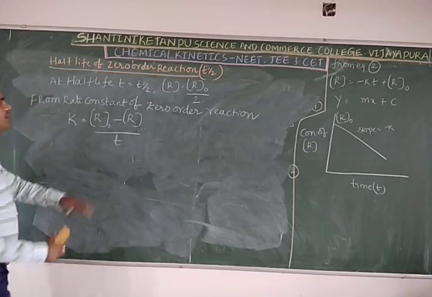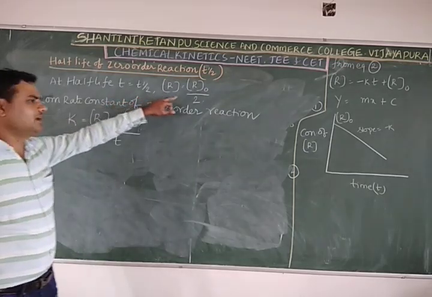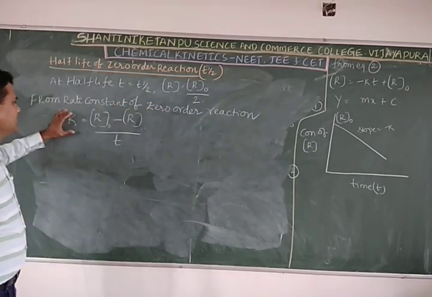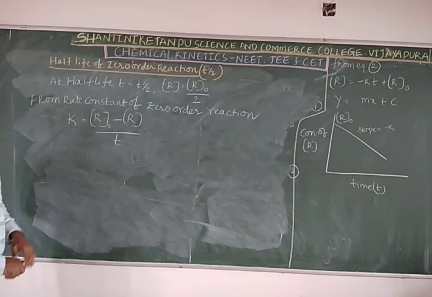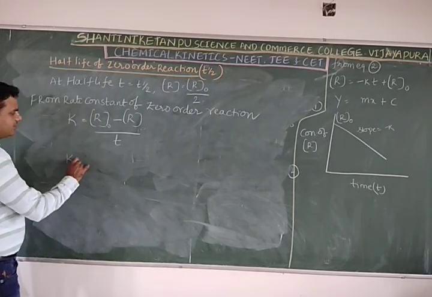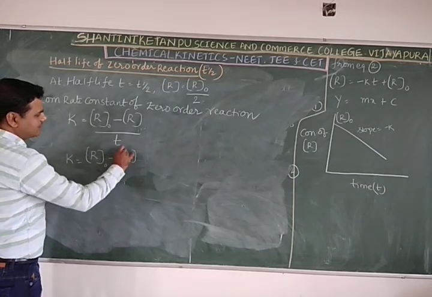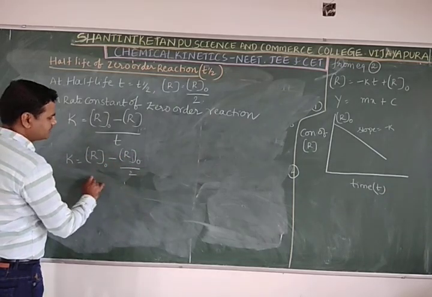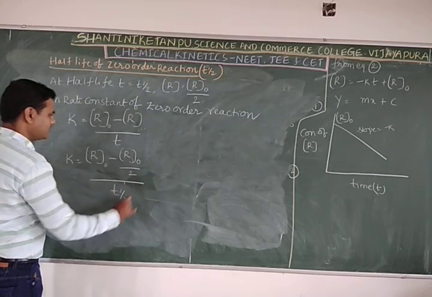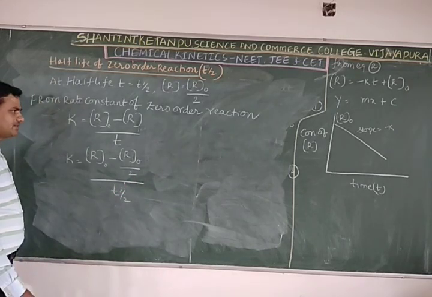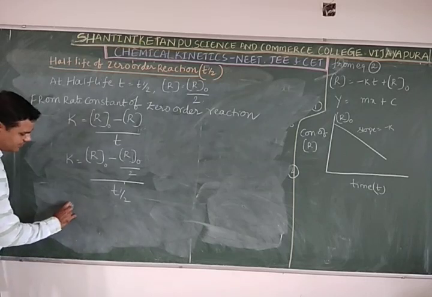And now these values, time is equal to t half, R is equal to R naught by 2, I am substituting in this equation. Therefore, it will become K is equal to R naught minus R naught by 2, and in the place of T we are substituting T half. Now K is equal to, it becomes what?